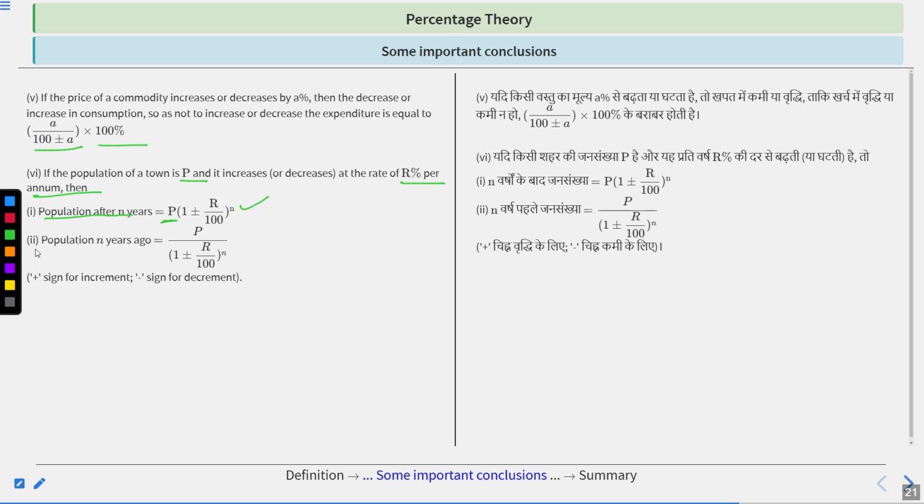Okay. In the second case, if the question asks what the population was n years ago, then we use P upon (1 plus or minus r upon 100) to the power n. The plus sign is for increment, the minus sign for decrement. Okay.